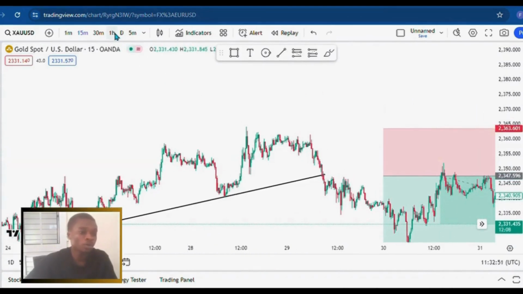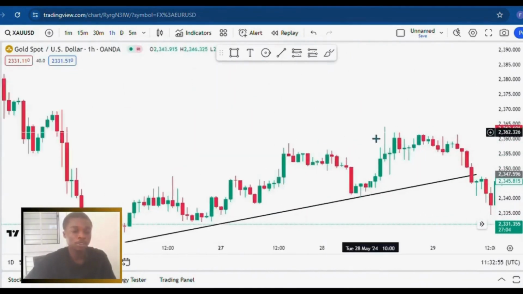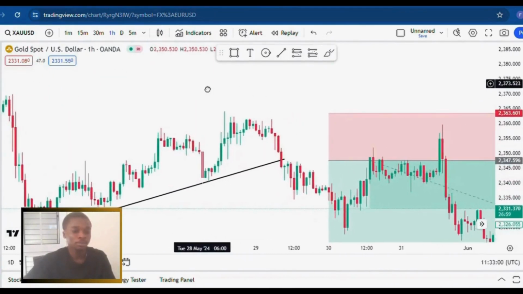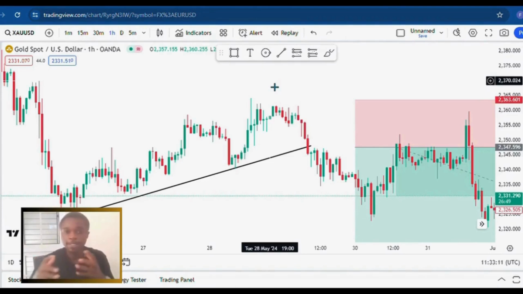Now we switch over to the 1 hour time frame. You can still see that we still have the same trend formation right here. The market still did the same thing. Just like that, you can switch up to the 4 hours or the day 1 time frame. So these are the time frames you should be using as a day trader.